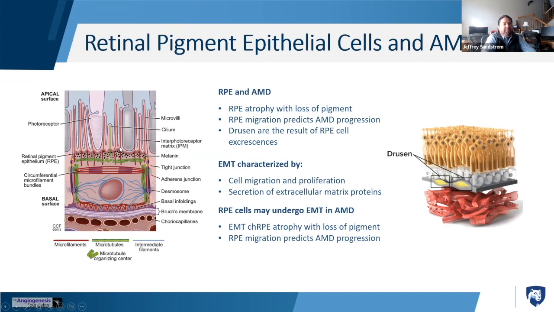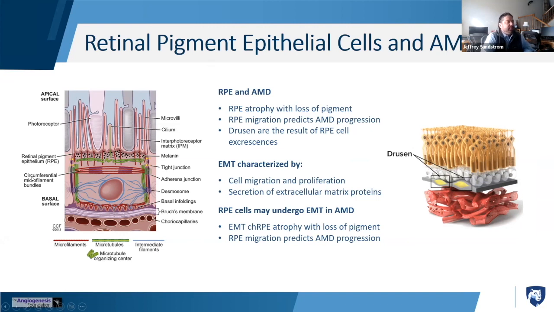I put this picture up on purpose to highlight our favorite cell, the retinal pigment epithelium. They are actively engaged and interact with the photoreceptor outer segments. They play critical roles in metabolism, recycling of photopigment, and so on.